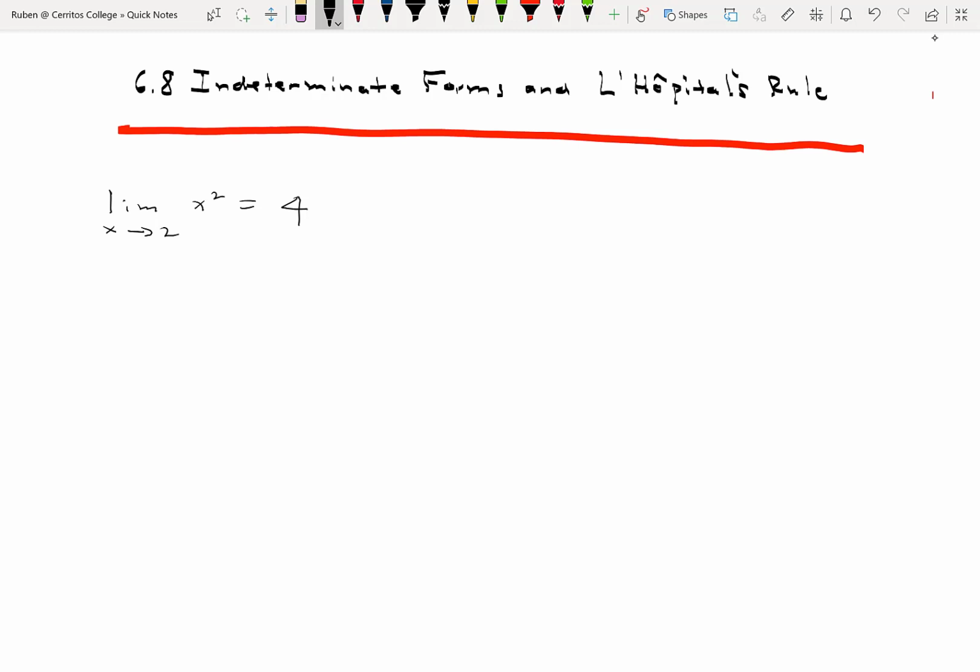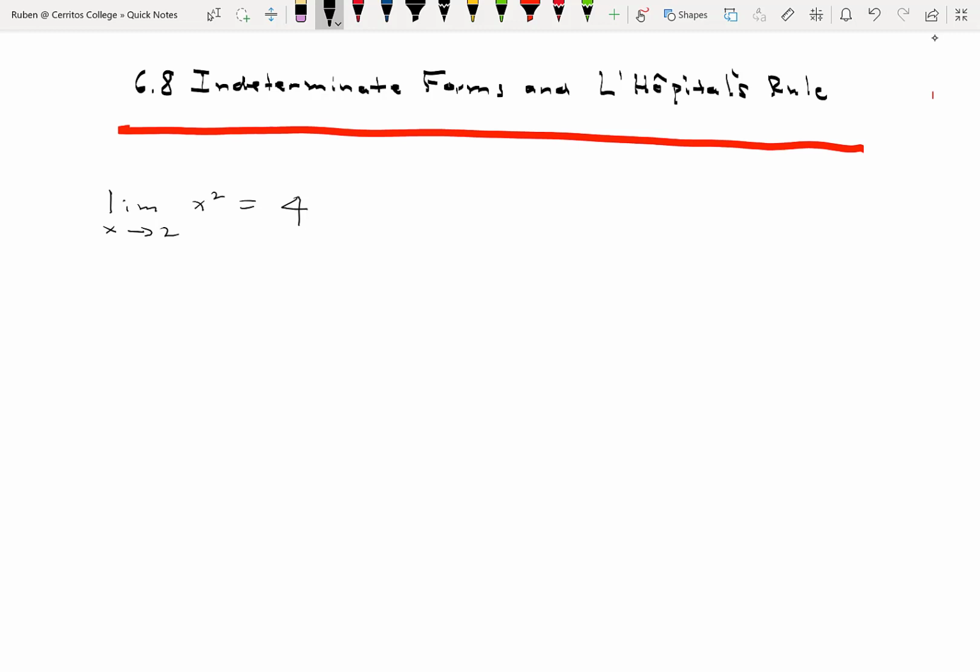This limit is saying as x becomes infinitely close to 2 without ever touching 2, what does x squared get infinitely close to? And the answer is 4. Now, the thing that's a little deceiving is we see the equal sign there. This is not saying the function equals 4.